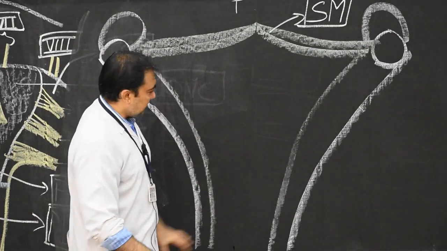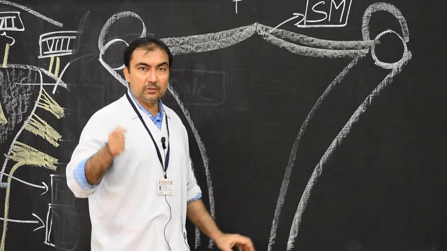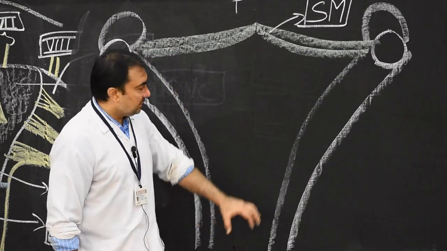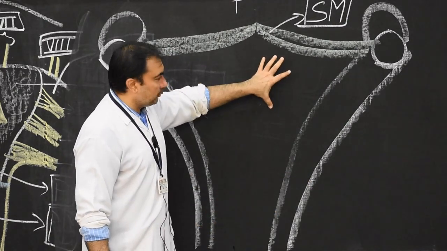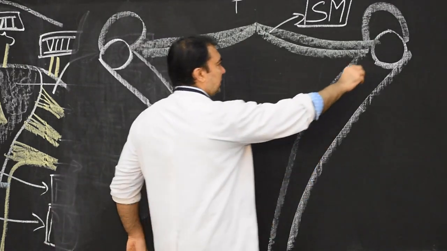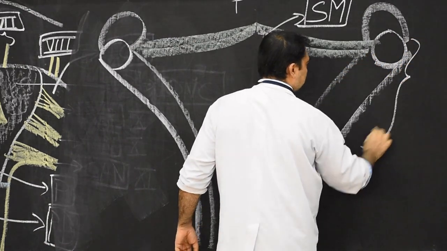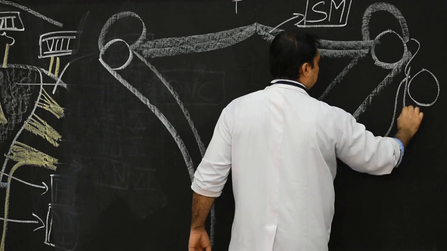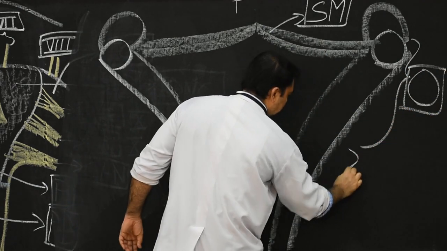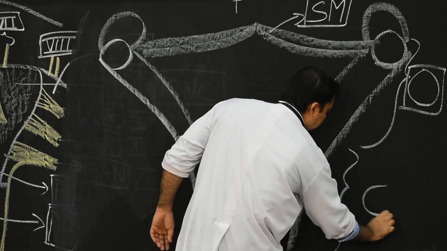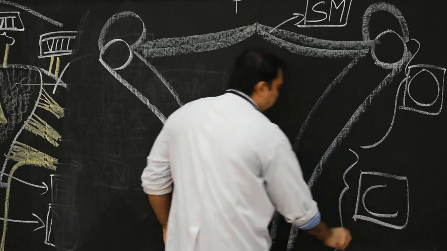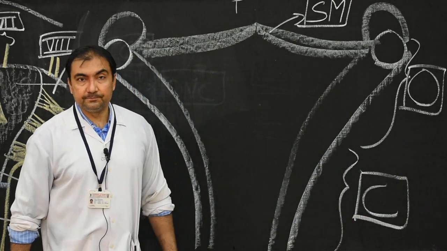The lower part, this much, will be known as the closed part of medulla oblongata, and the upper part will be known as the open part. So therefore, if I mark over here, this much will be the open part of medulla oblongata, and here, if I mark this, will be the closed part of medulla oblongata.